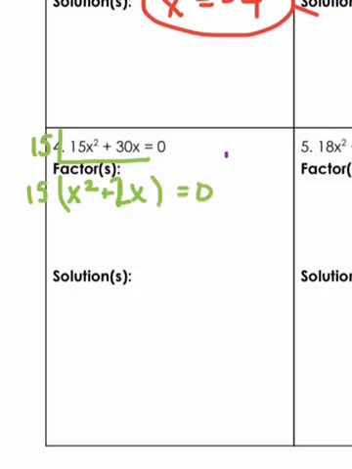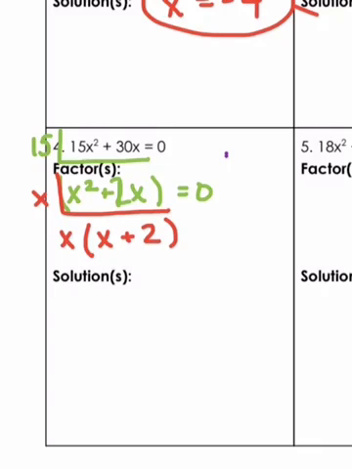And now we need to figure out what we can factor out for our variables. I can take out or factor an x from each of those. So that would leave x on the outside and x plus 2.